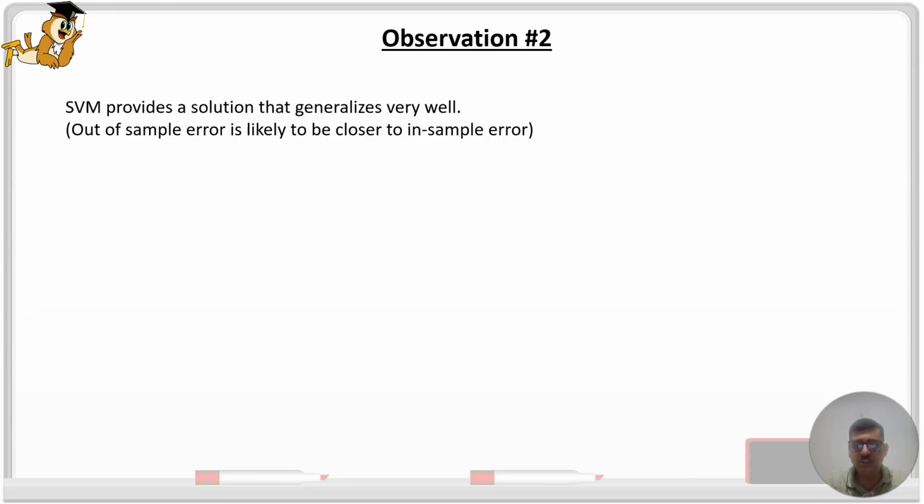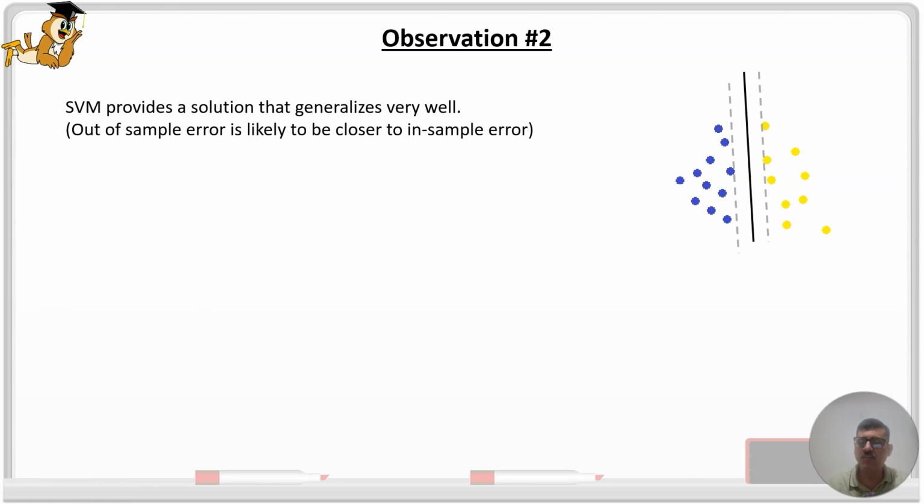And if E in is 0, as in the case of separable data, then E out would also be very close to 0. You would get a fantastic binary linear classifier. So to recap, the entire purpose of maximizing the margins was our belief that it would generalize very well, and that is indeed the case.